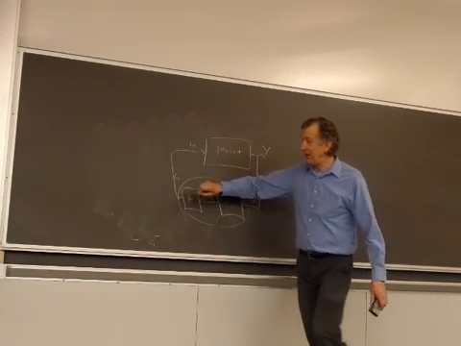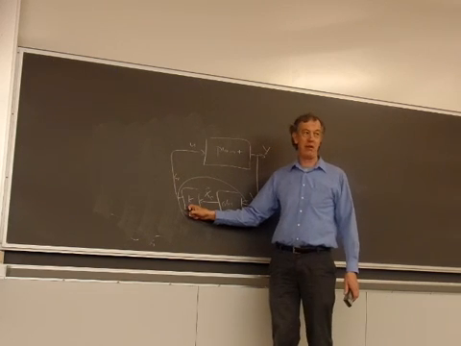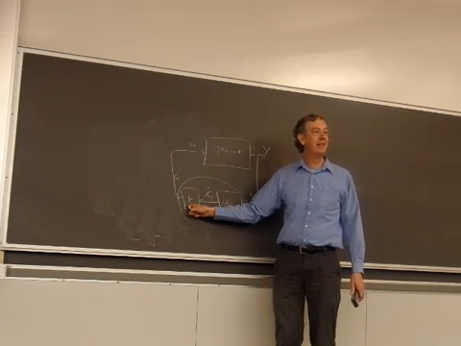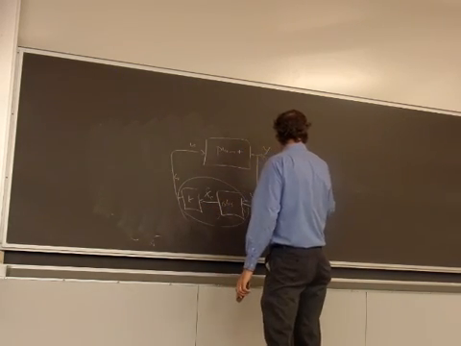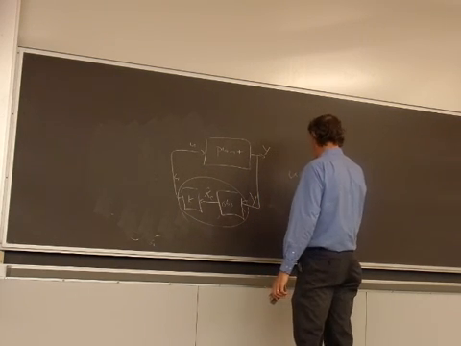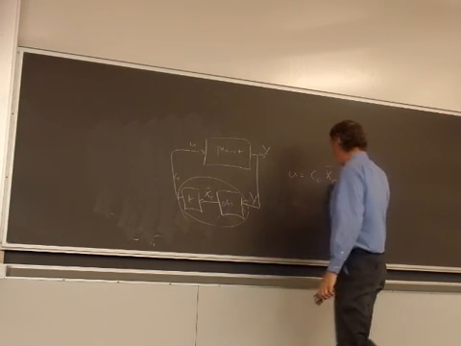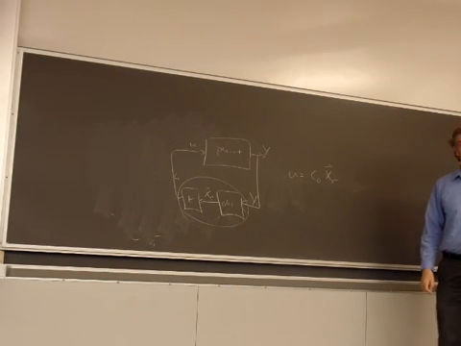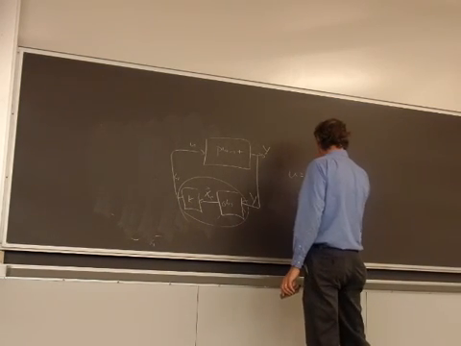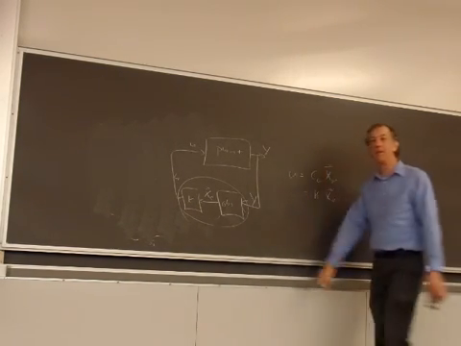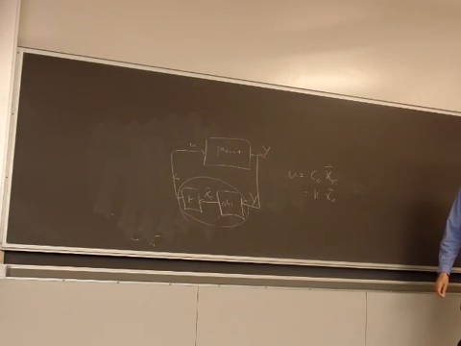So does it make sense that this would be like a C matrix? Because the output U is equal to, let's say, C of the observer times X estimate, which is what? The controller gains.